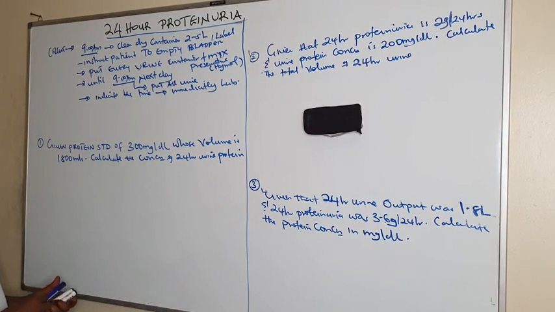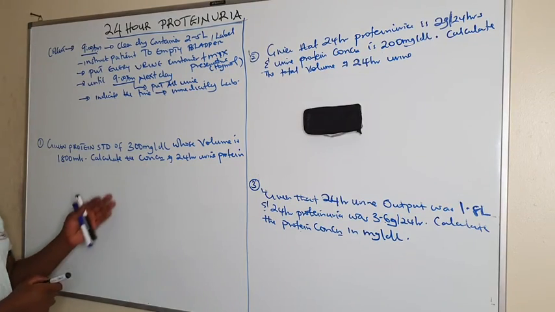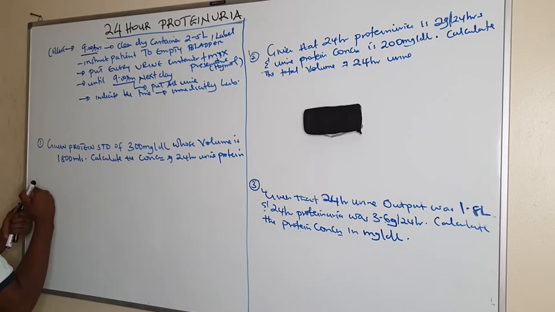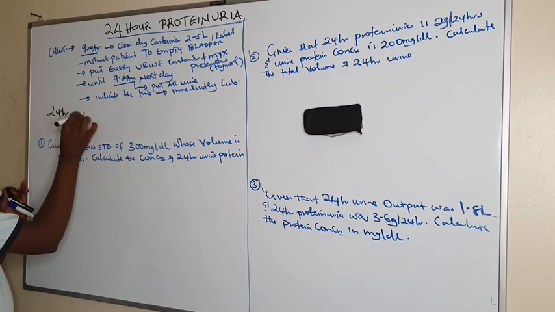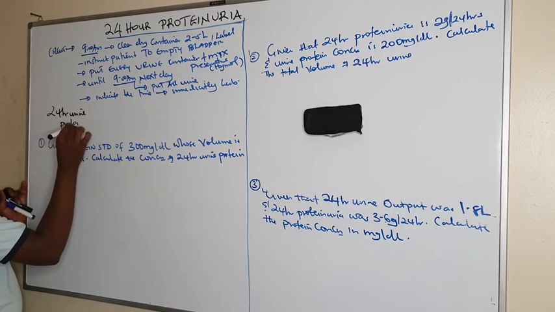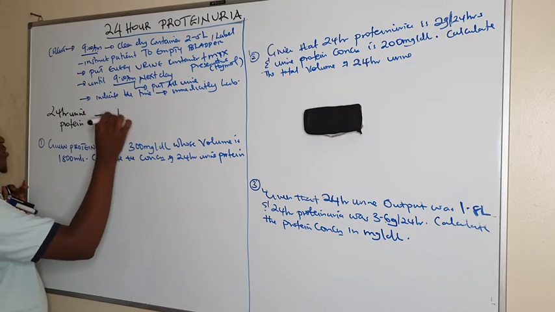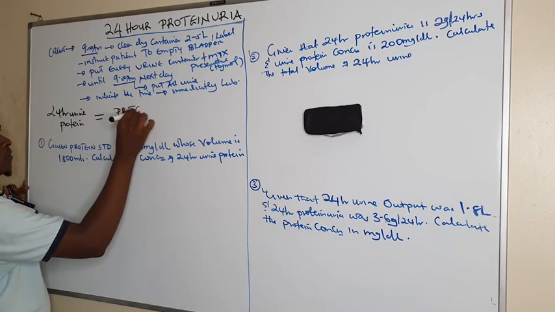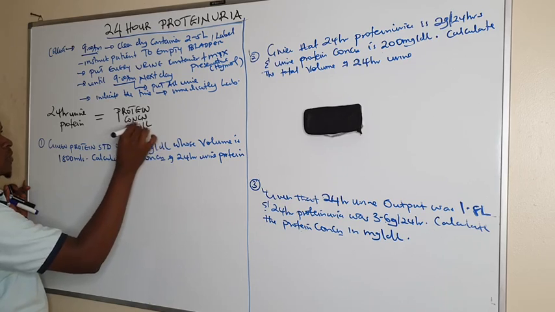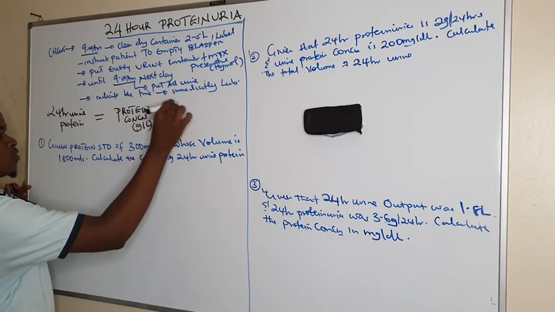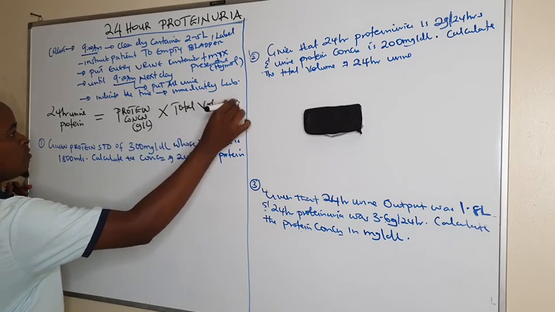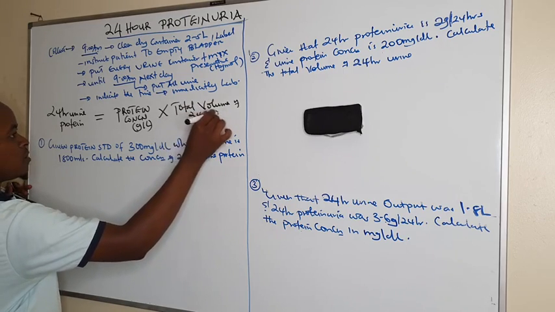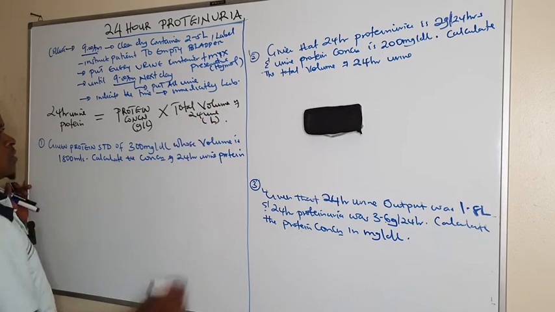And after collecting it, we are going to see different methods we are going to use to calculate, whereby the formula is that 24-hour urine protein is equal to protein concentration in grams per liter times total volume of 24-hour urine in liters.